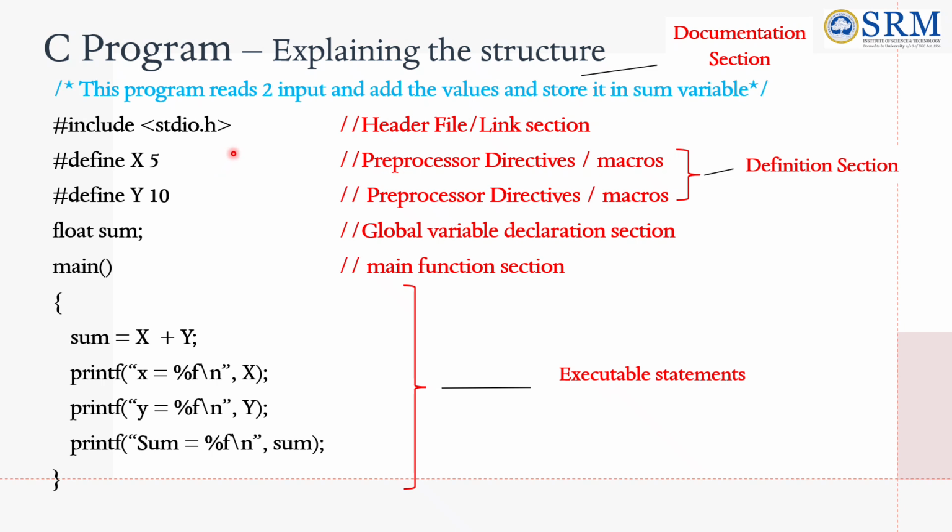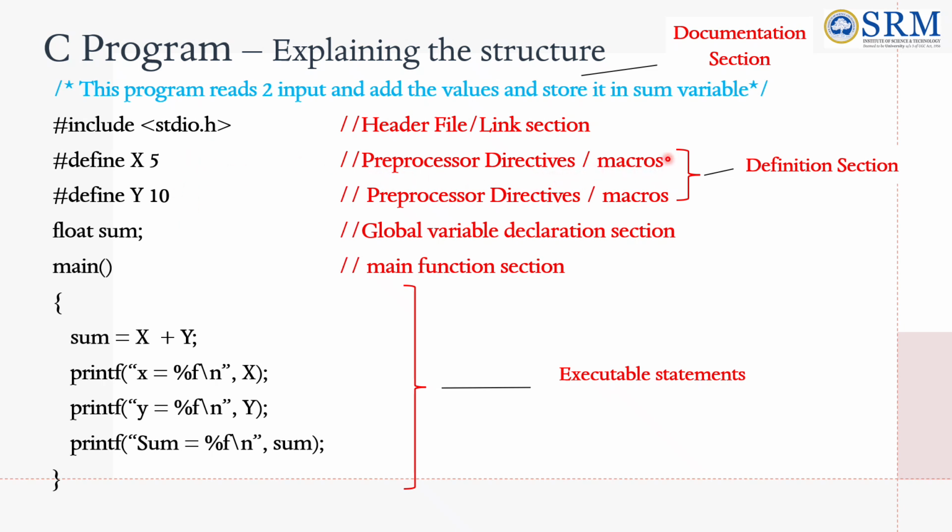Here, with the same example, instead of declaring x and y as variables, in this program they are defined as macros x and y. You could see the definition above the global variable declaration section. #define x 5 and #define y 10. They are called preprocessor directives.